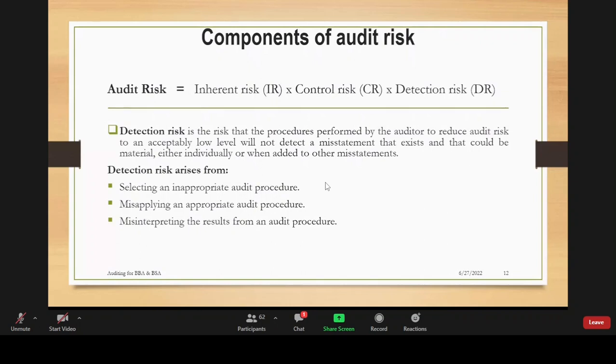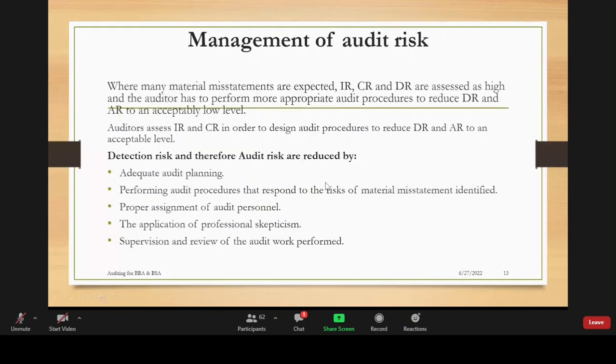So those are the components of audit risk, ladies and gentlemen. Any questions?